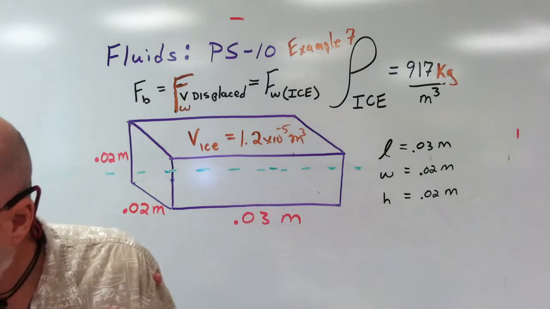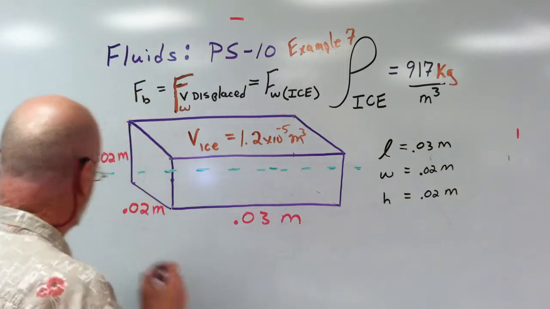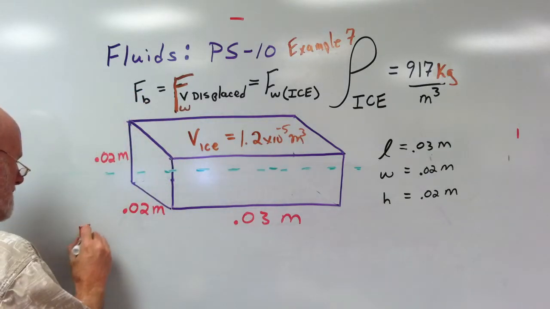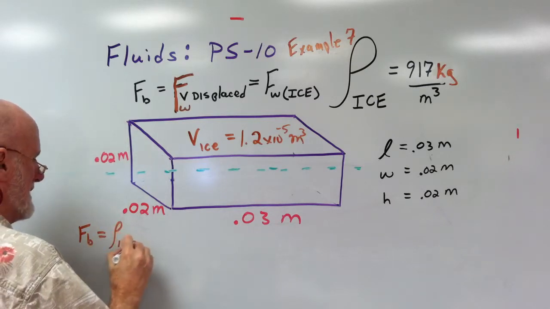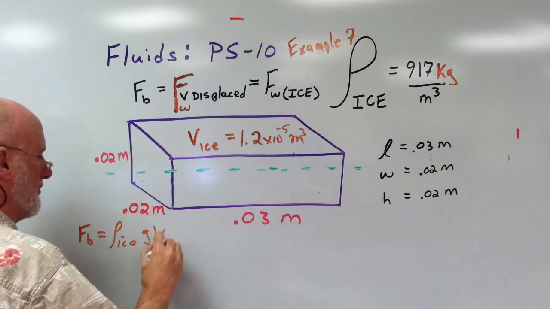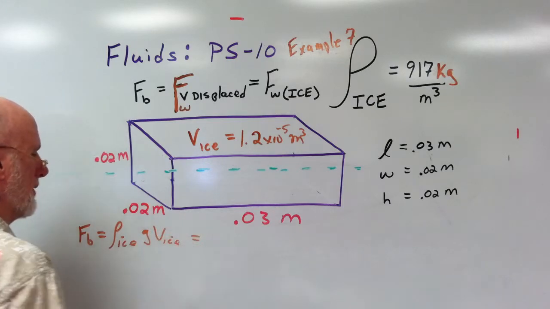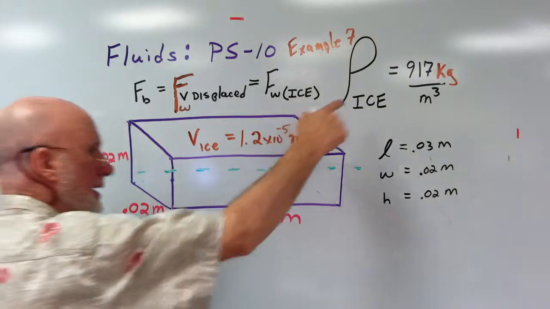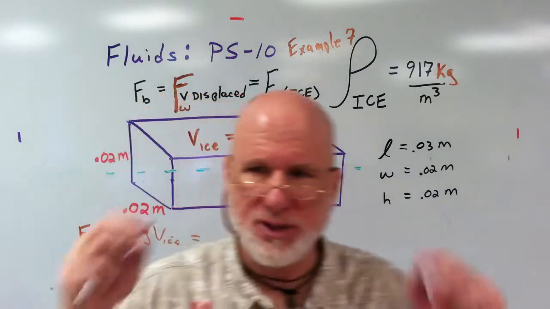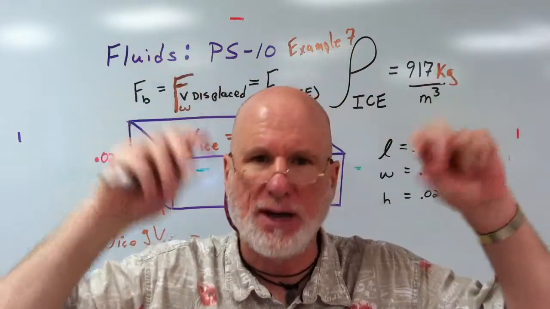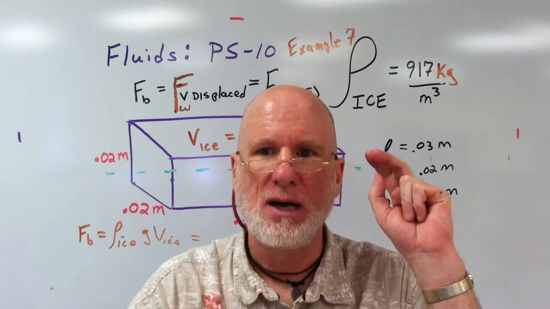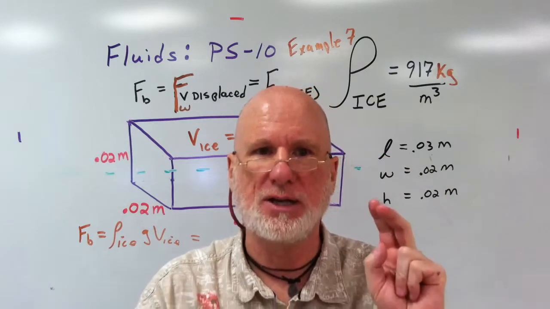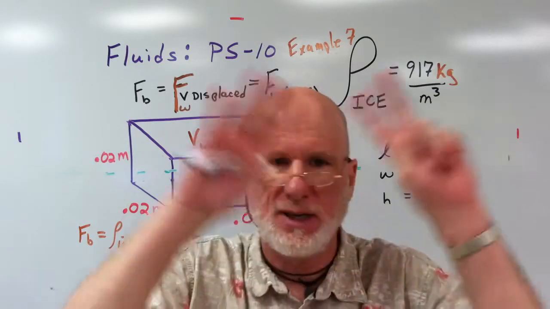Therefore, we're going to plug in to the equation. FB equals the density of the ice, g, the volume of the ice. Okay? I'll leave off the unit labels because I know all the unit labels are fine. I'm using density, kilogram per cubic meter. I'm using volume, cubic meter. I'm using g, which is meters per second squared. So everything is good.